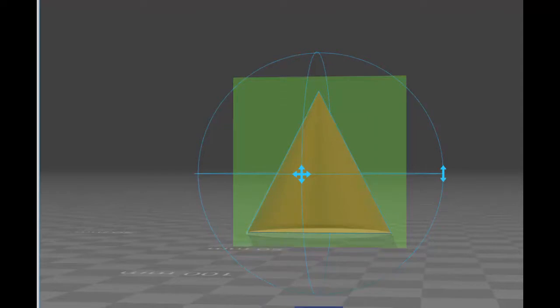In the center of the cone will be the only spot that it will form a perfect triangle. Anywhere else, it will form a parabola or potentially an ellipse depending on its position.